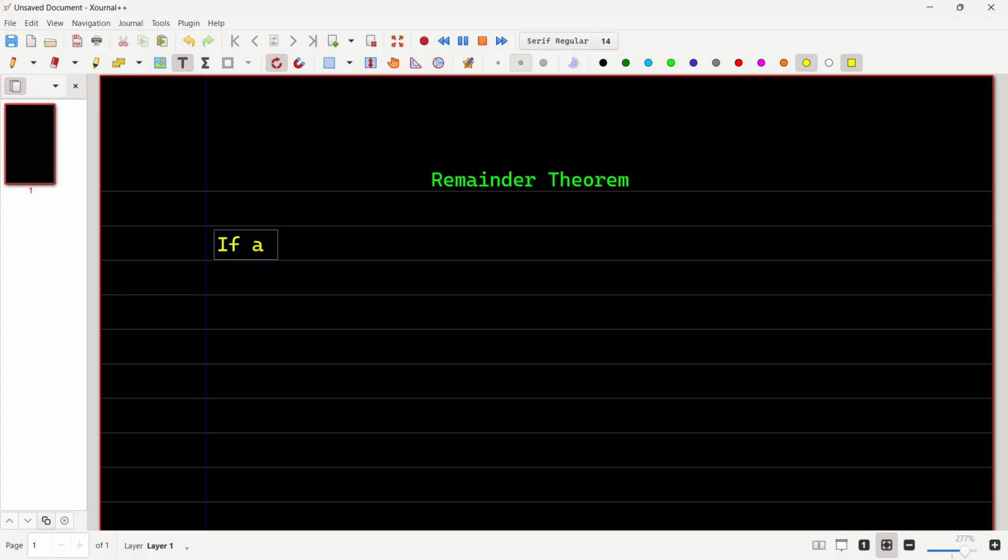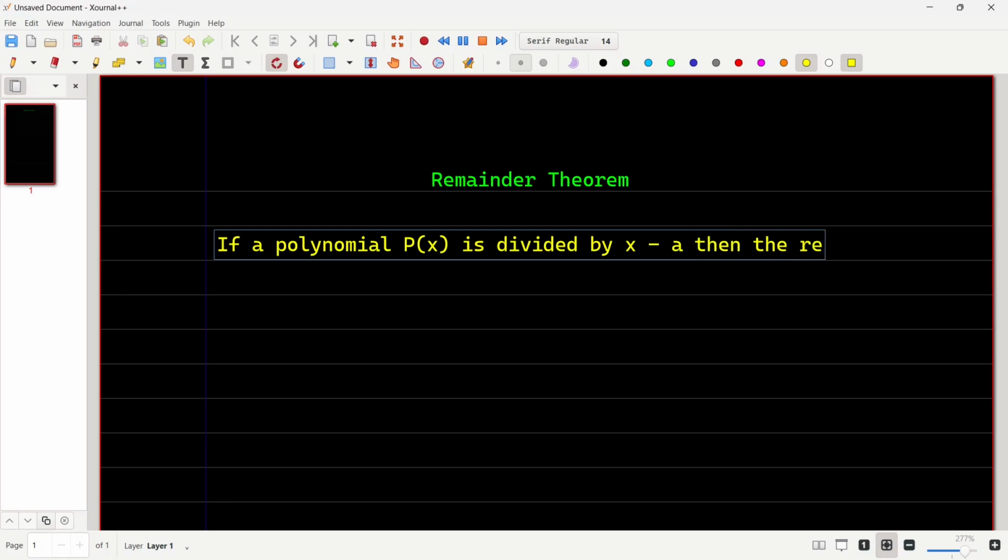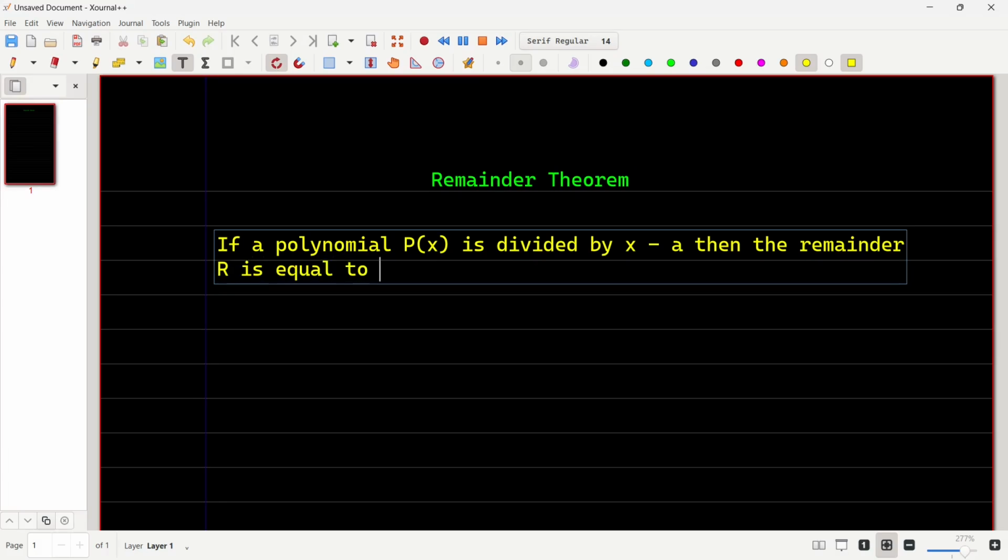So if a polynomial p of x, I should say, is divided by x minus a, then the remainder r is equal to p evaluated at a.